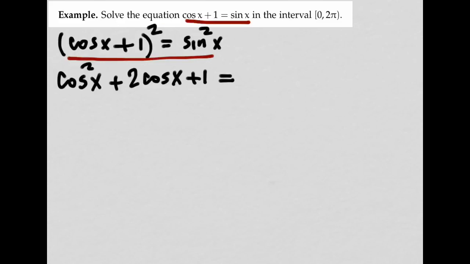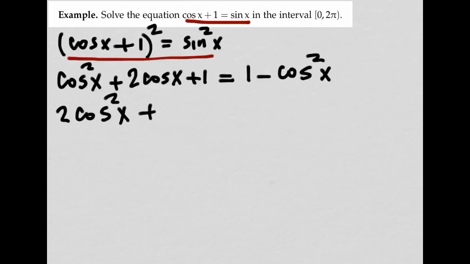So I'm going to replace sine squared x with 1 minus cosine squared x. Moving everything to the left-hand side, we get that 2 cosine squared x plus 2 cosine x equals 0. Factor out a 2 cosine x.